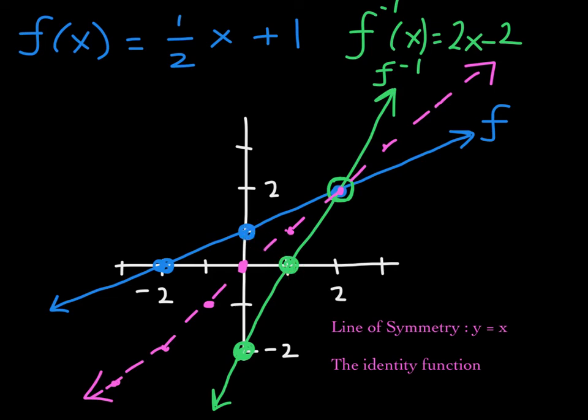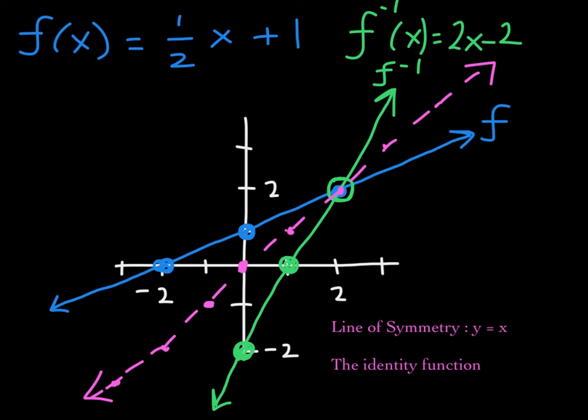And you can see this with every point on each of these lines. These lines are mirrored images of each other with respect to the line of symmetry. The line of symmetry is always the identity function y equal to x.